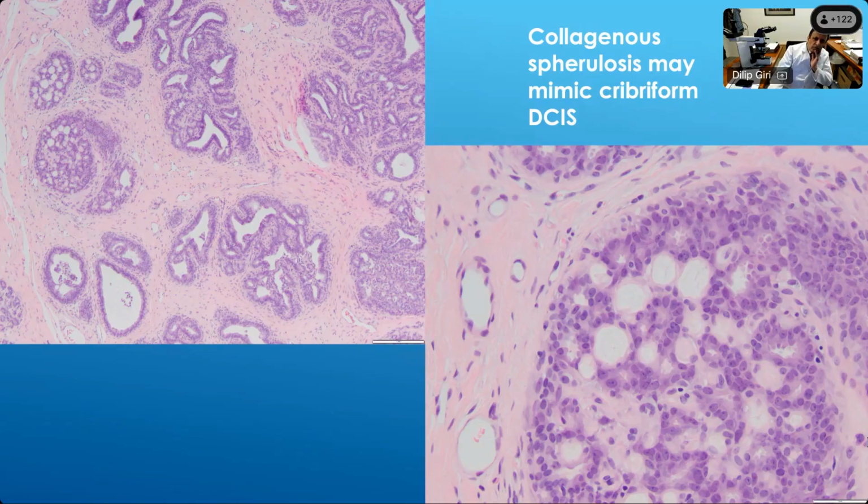So at some point, this may not have been empty space at all. It would have been pink basement material, and that has undergone liquefaction, and then this is actually an artifact of our processing, which leads to this kind of space-like appearance within this lesional change. So collagenous spherulosis is often a mimicker.